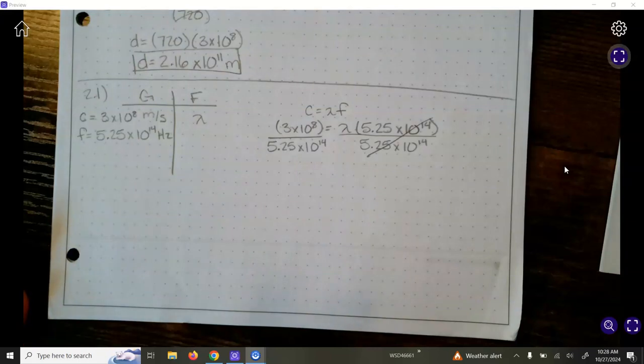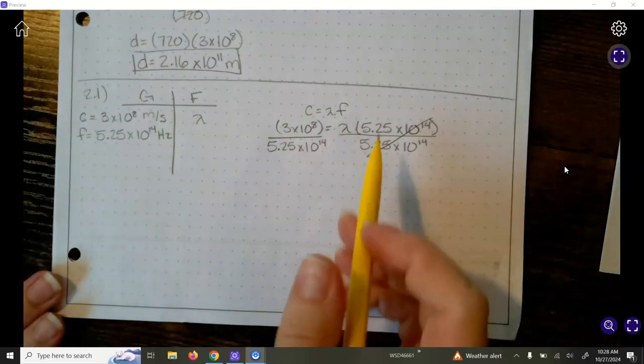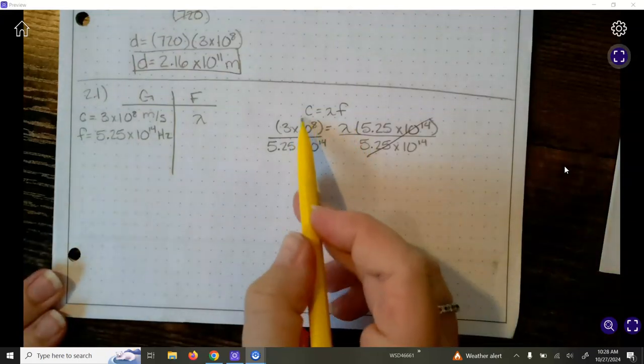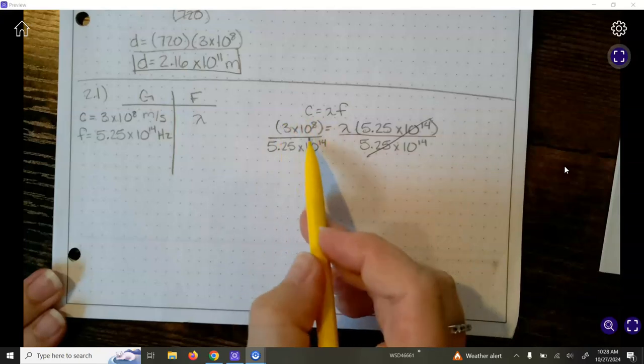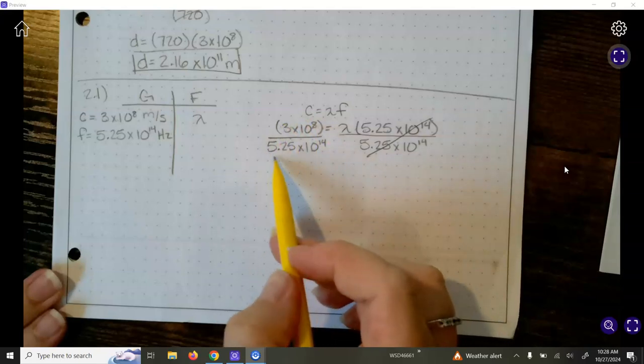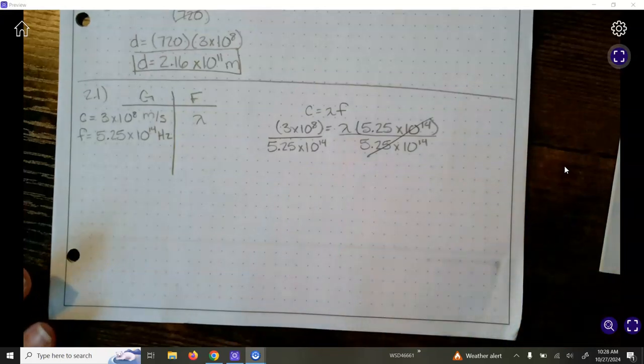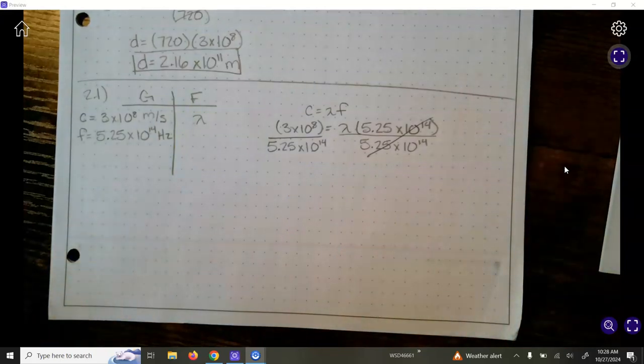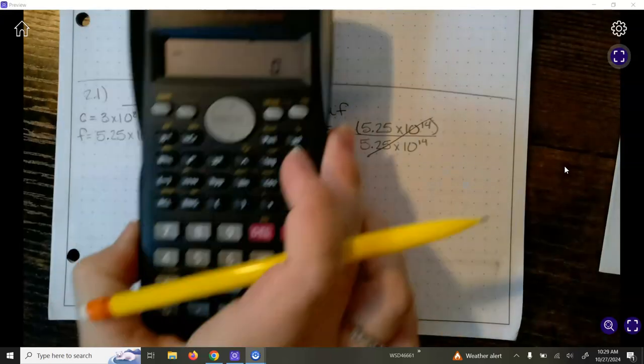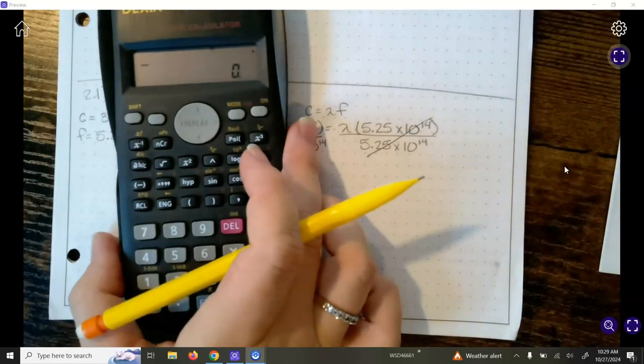Be careful with this on your calculator because lambda is equal to this scientific notation number divided by this scientific notation number. If you're using your buttons correctly, you shouldn't have to use any parentheses, but you are more than welcome to use parentheses if you like, okay?